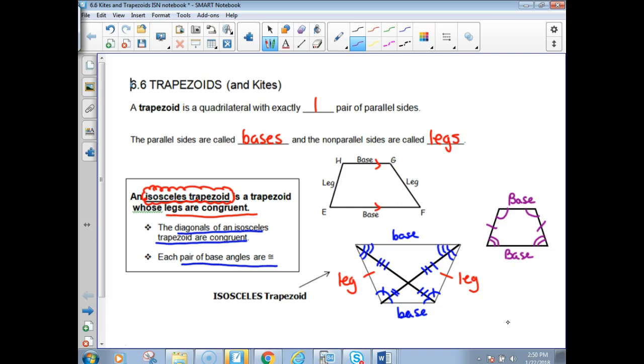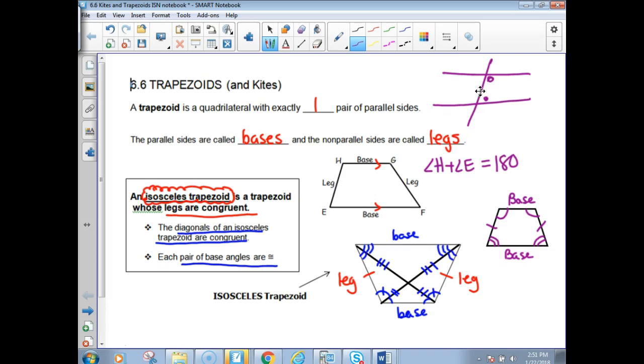Okay, what might be true also about the consecutive angles on the sides that aren't parallel, between those parallel sides? What do you think's going on with these angles? Angle H plus angle E. What do you think it adds up to? 180. Okay, remember, 2 parallel lines cut by a transversal gives you consecutive interior angles that are supplementary.